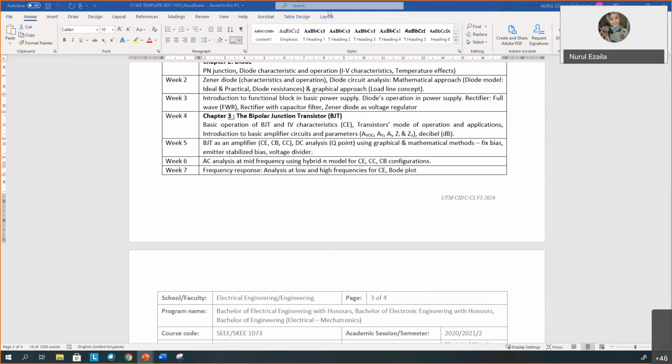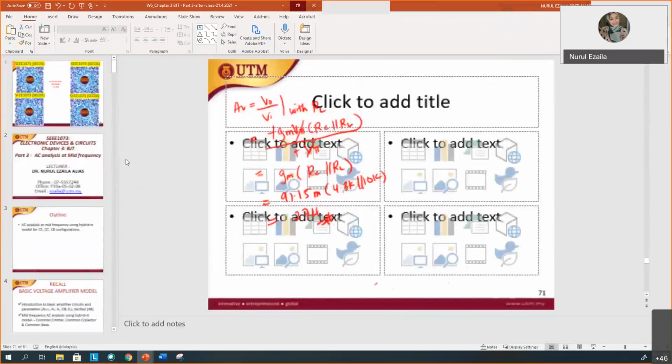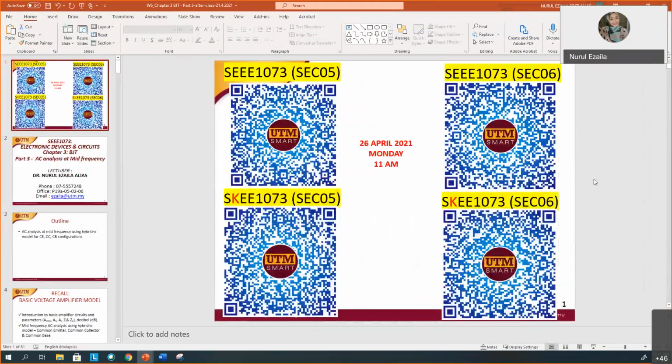Lita, can you please share the QR code, please? Yes, wait. Can you see? Yes, Lita, thank you. Oh, but I can't see. Wait.